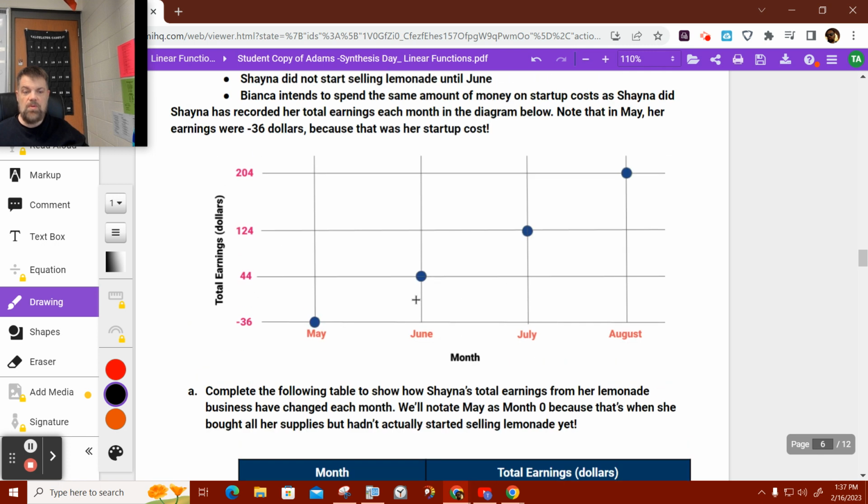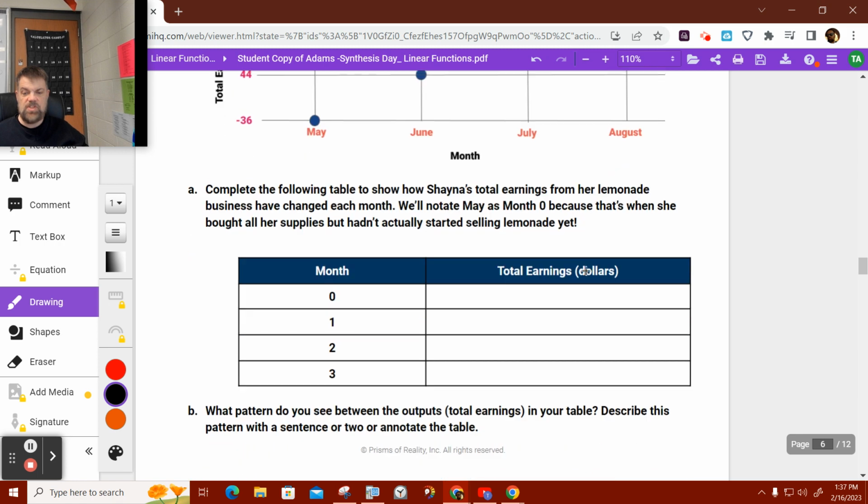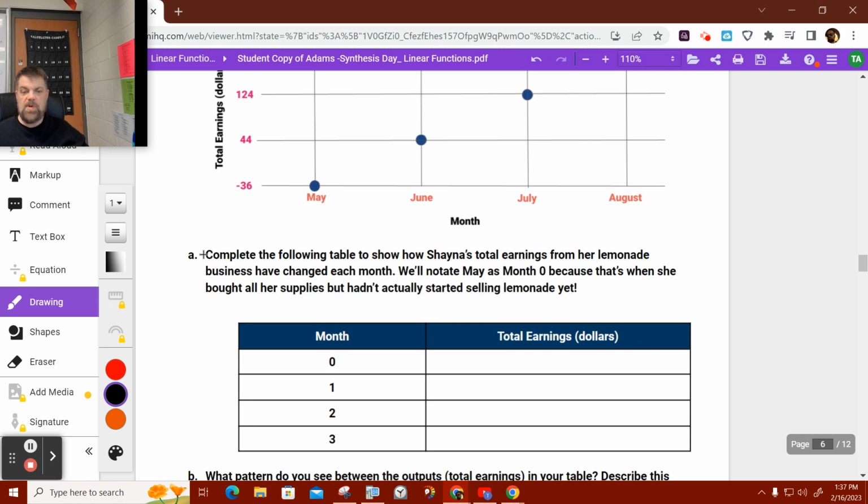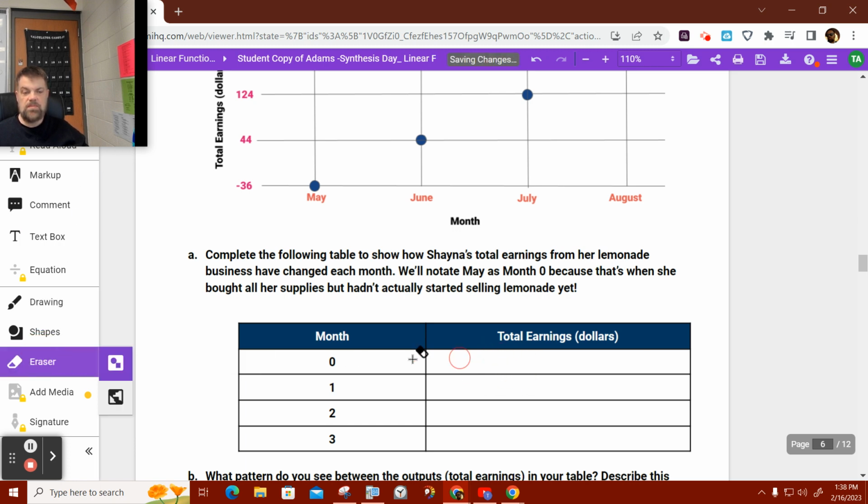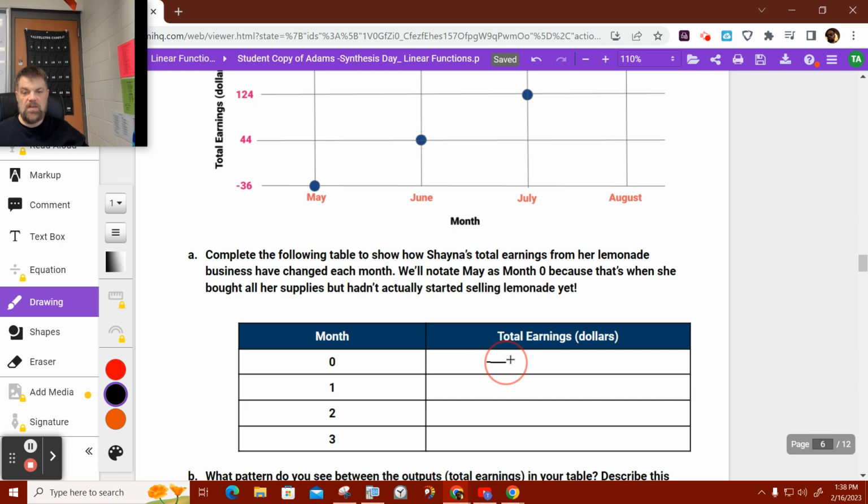Well, now in May, she kind of does the same thing. So there really isn't much of a change, right? Wait, when it's 0, it's negative 36, right? This time, it's 44. The next time, it's 124. The next time, it is 204.